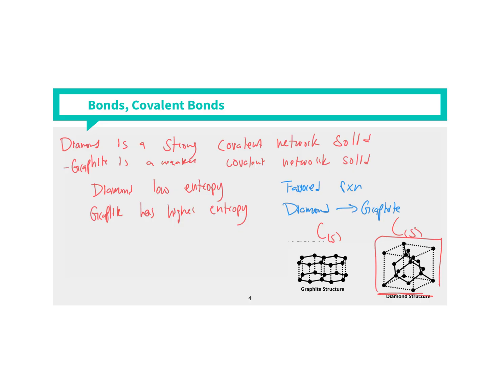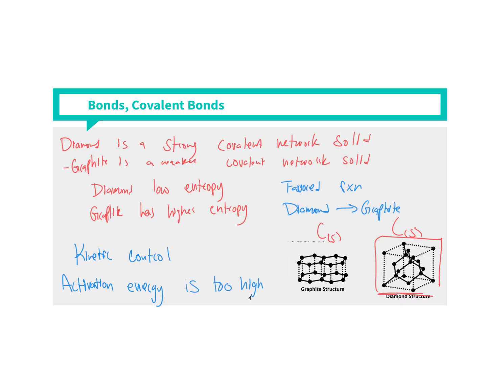But obviously, at room temperature, diamond doesn't turn into graphite. And the reason for that is that it's under kinetic control. And so the activation energy for the reaction to occur is too high.